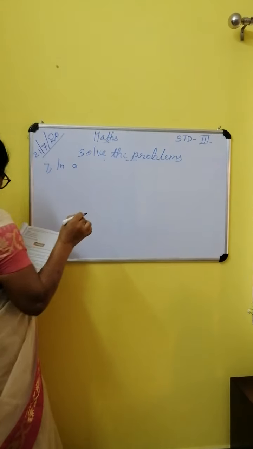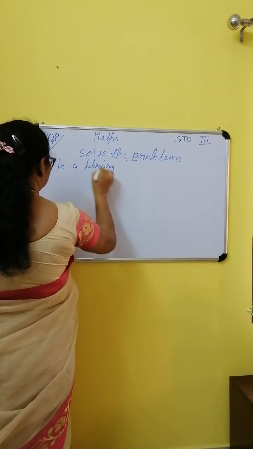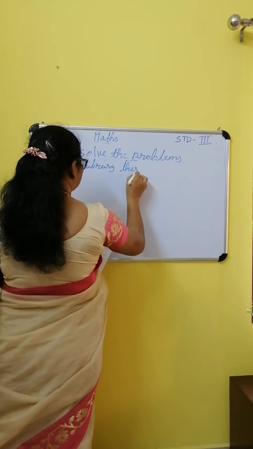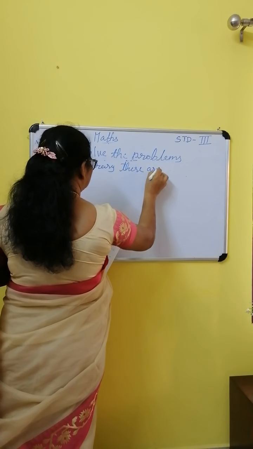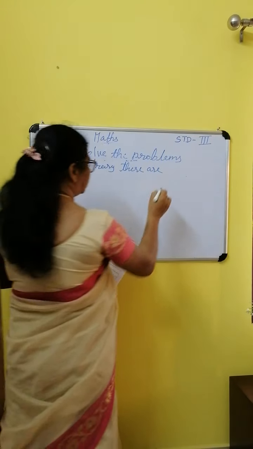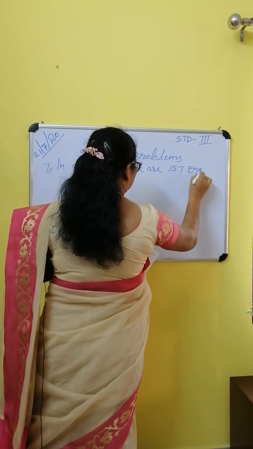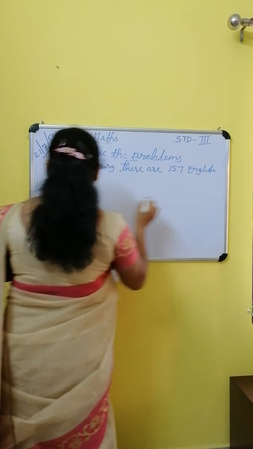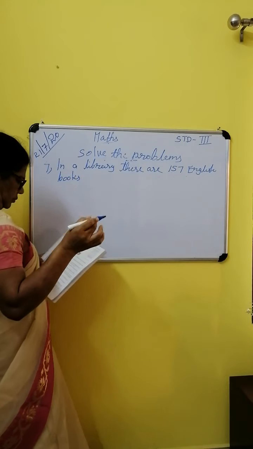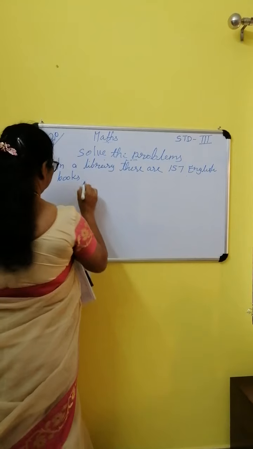In a library, there are 157 English books, and 105 Hindi books.